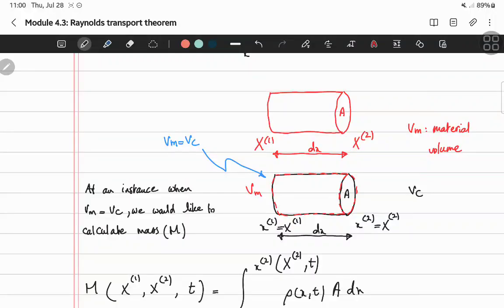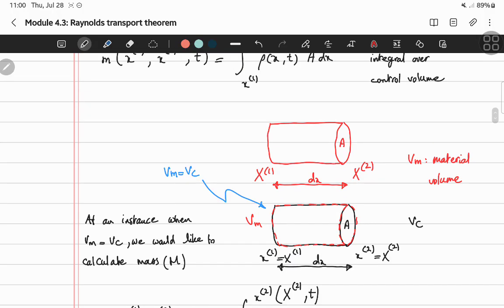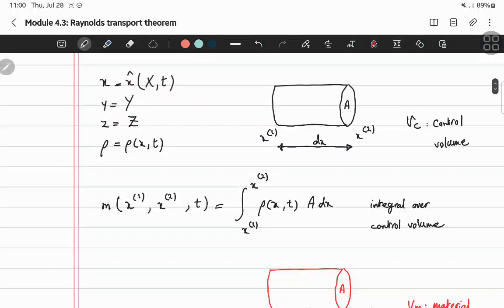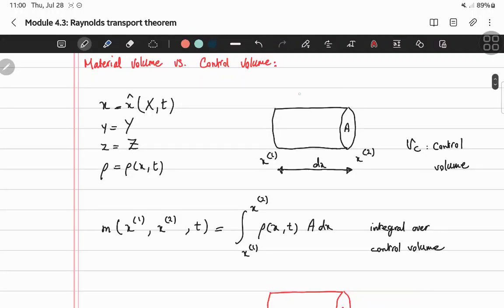As I already told you, the mass inside Vm is constant because you select a certain volume of a specific part of the material. But in Vc, we basically select an arbitrary volume in this space. So mass is changing; at one time increment it could be one, at another it could be two, and so on.